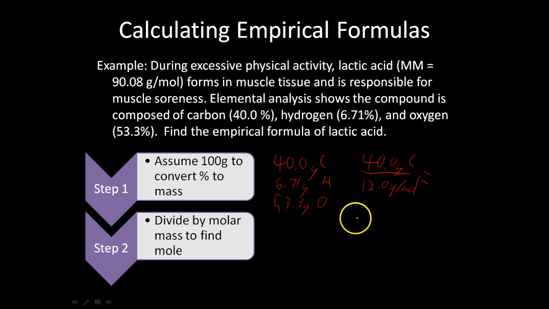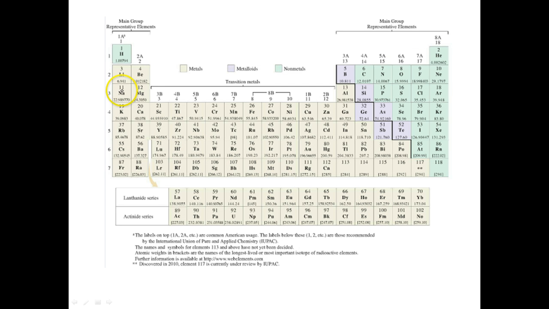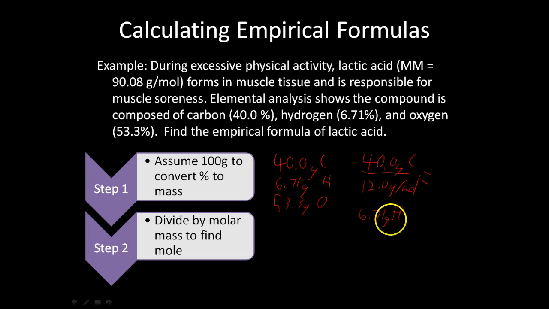Let's set up all of them so I can bring up the calculator at one time. So 6.71 grams of hydrogen. Going back to our periodic table, we see it's 1.01, keeping 3 sig figs, so divided by 1.01 grams per mole.